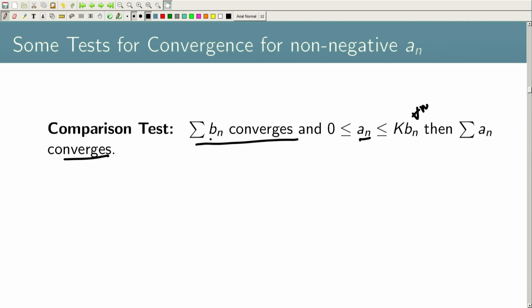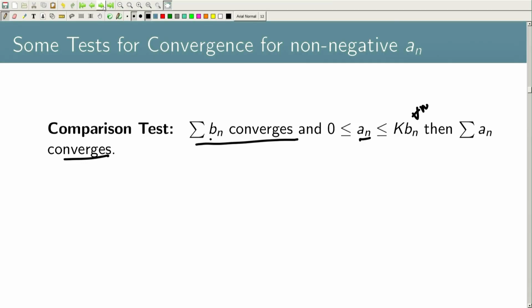That means if I have a series of non-negative terms which is dominated by b_n, which is a part of a convergent series, then our series is convergent, and this is a very useful test to figure out whether a series is convergent or not.